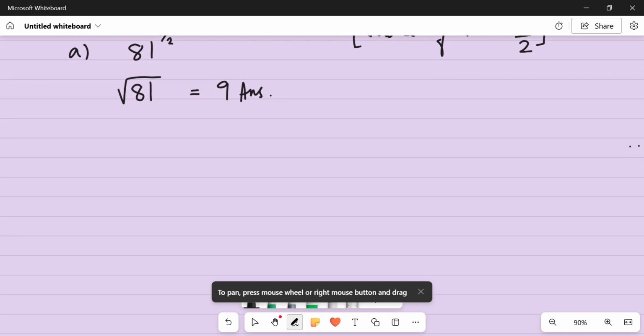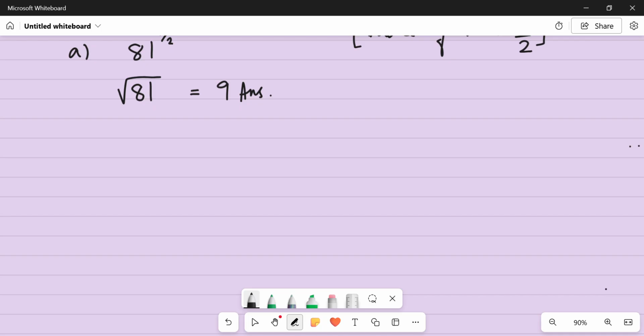Now the B part. B is minus 27 to the power 1 over 3. So 1 over 3 means that it's a cube root.